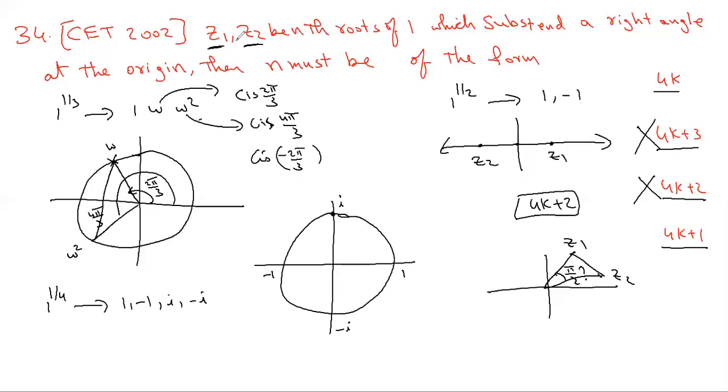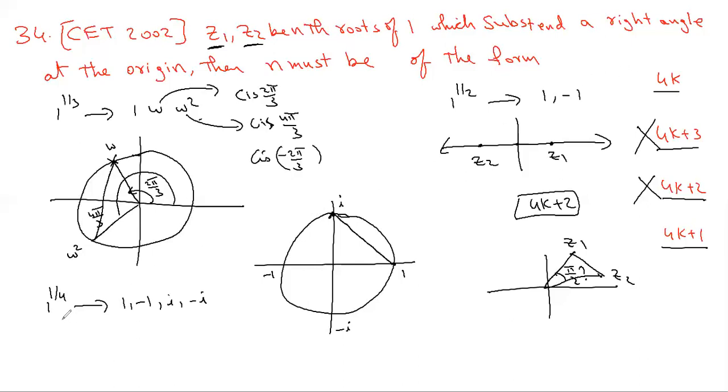The question asks that you should have at least two complex numbers Z1, Z2 such that the line joining Z1, Z2 makes a right angle at the origin. Now you can find more than one pair in the fourth roots of unity case. But it is not enough for us to confirm 4k as the correct answer. We are using the elimination method, so we can only find the wrong answers with the help of the values.